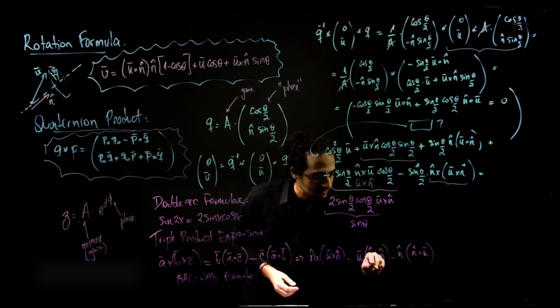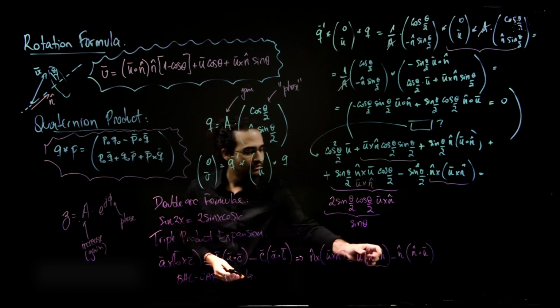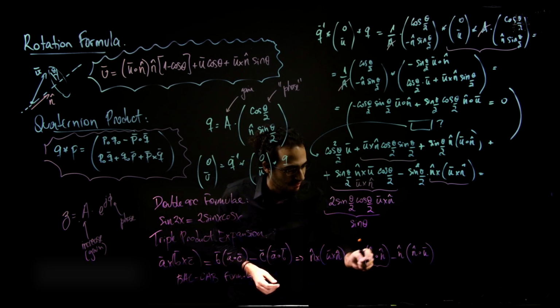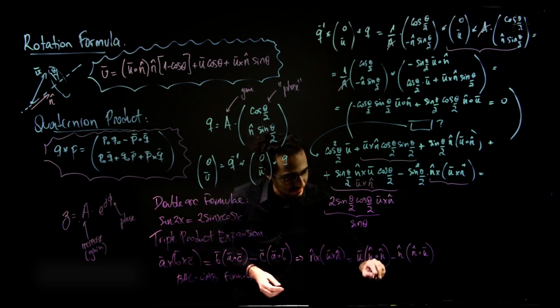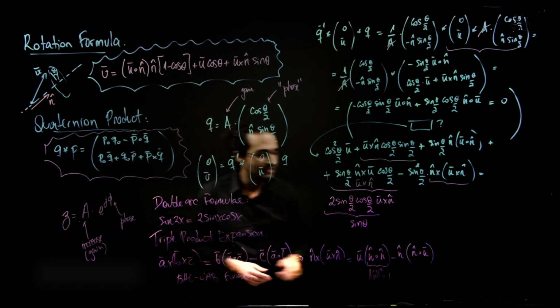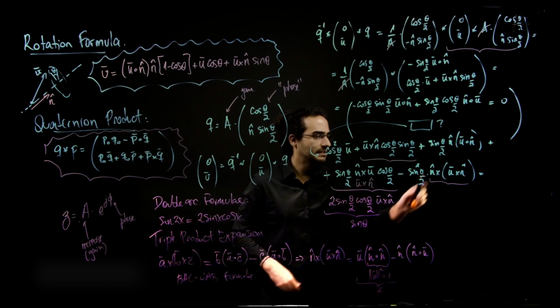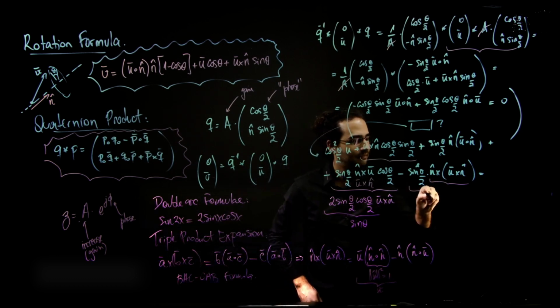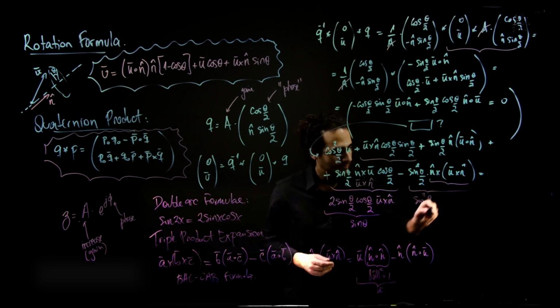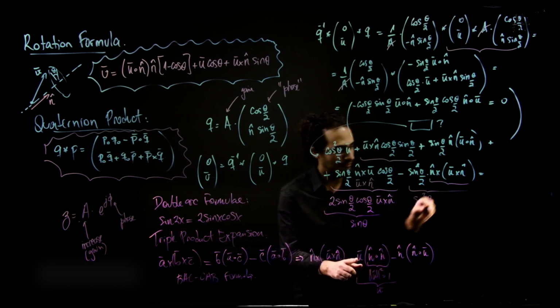Notice that n is a unitary vector, so the dot product of the vector with itself is really the norm, and the norm of this unitary vector is just 1, right? So this is really just u. And therefore, this term over here, we can rewrite as sine squared of theta over 2 times u.